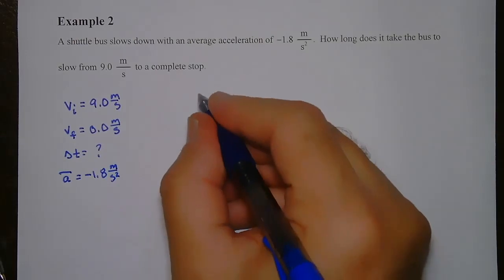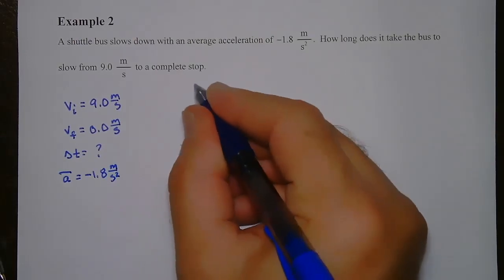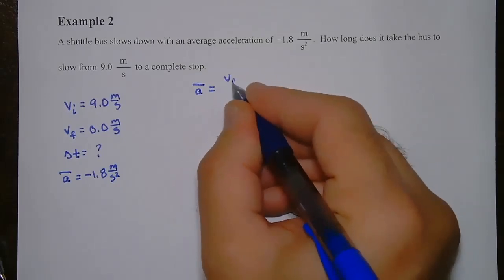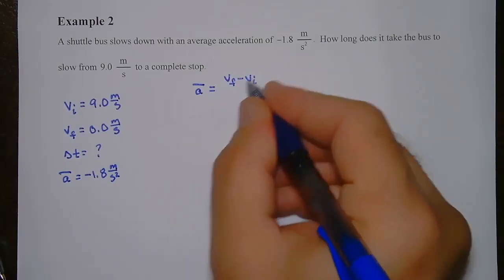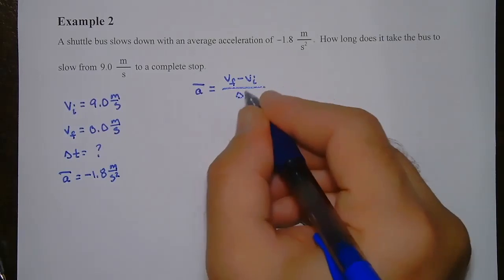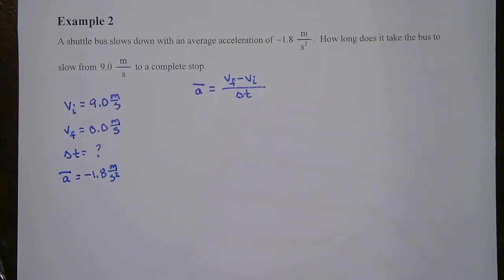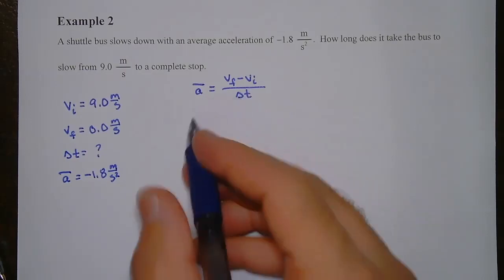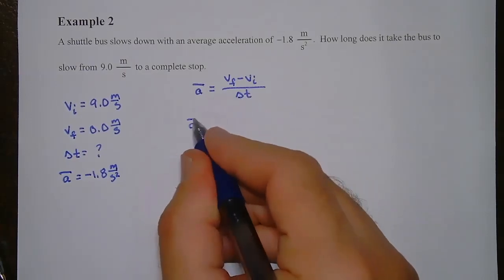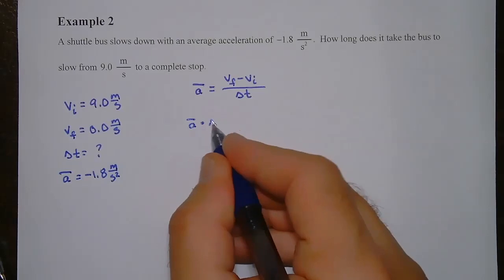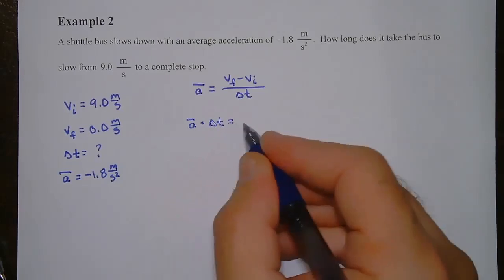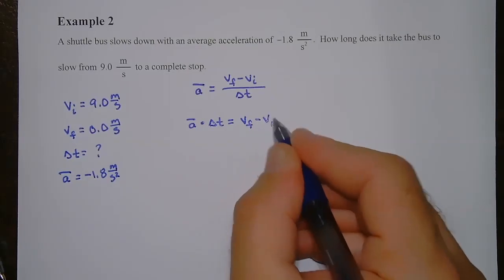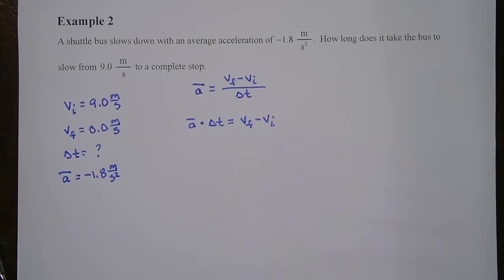Once again, I know that the average acceleration is equal to the final velocity minus the initial velocity over the change in time. I could multiply both sides by delta t, and that would give me the average acceleration times delta t is the same as the final velocity minus the initial velocity. So I can start putting some stuff in here.